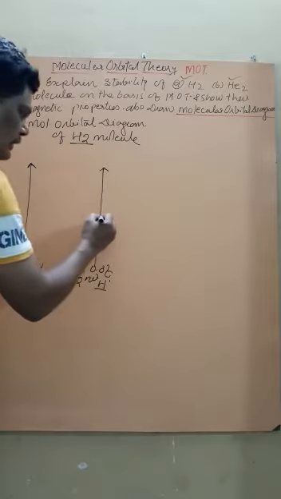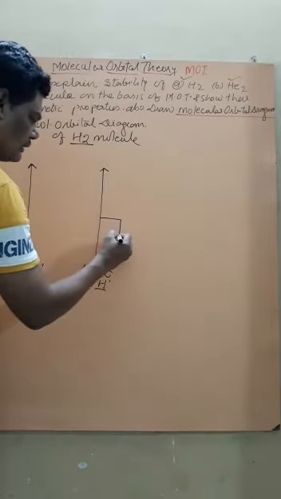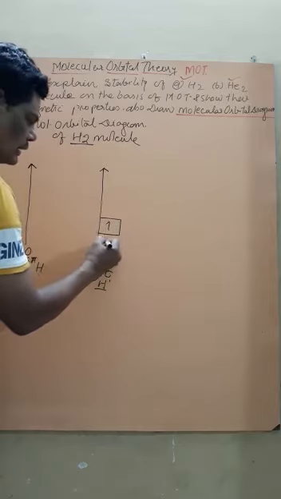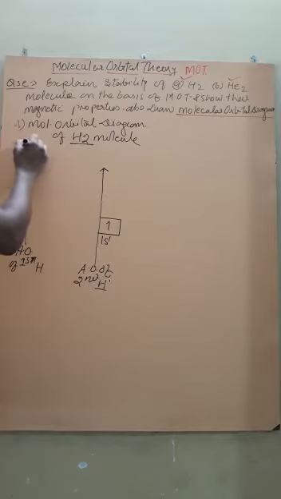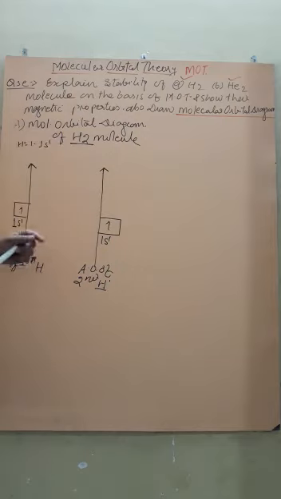Now student, you know that the hydrogen configuration is only 1s1, that is, only one electron is there. Similarly, the other hydrogen has only one electron, 1s1. We know that two atomic orbitals overlap with each other to form two molecular orbitals. So there are 1 plus 1, two atomic orbitals.